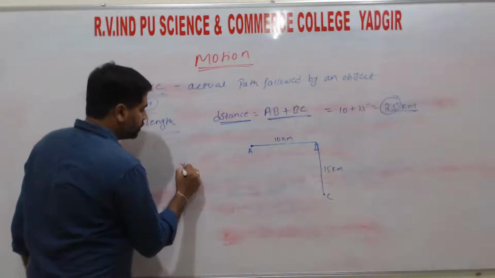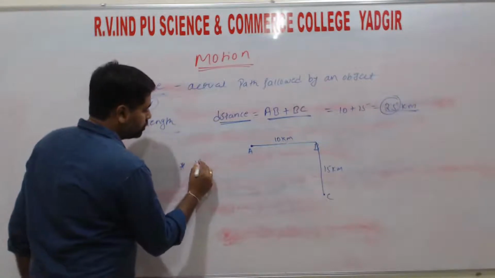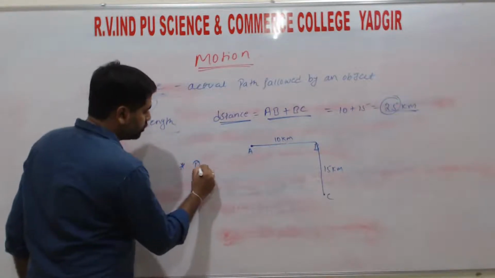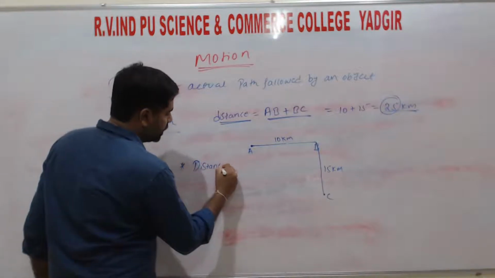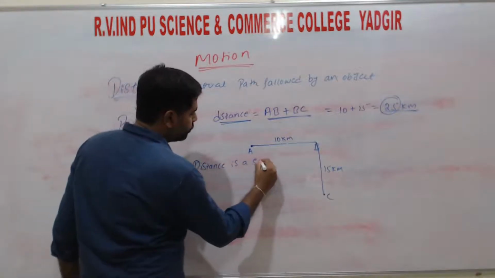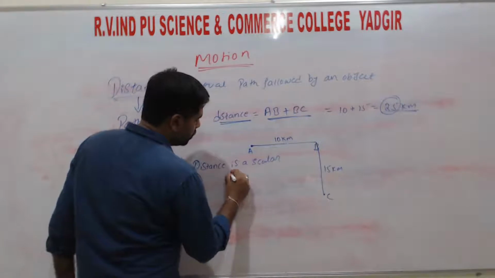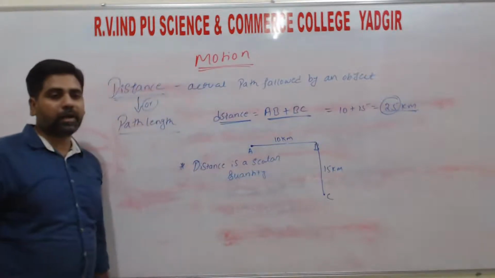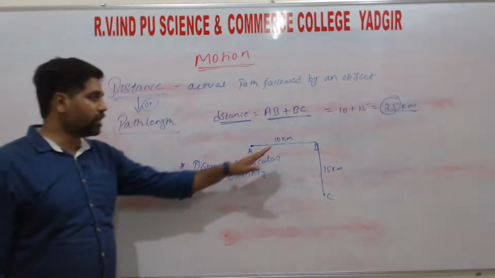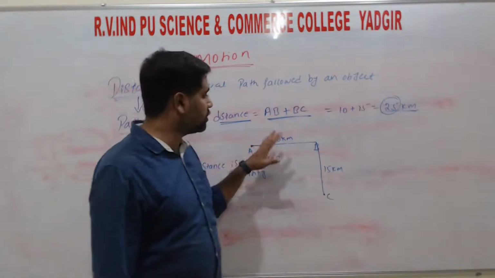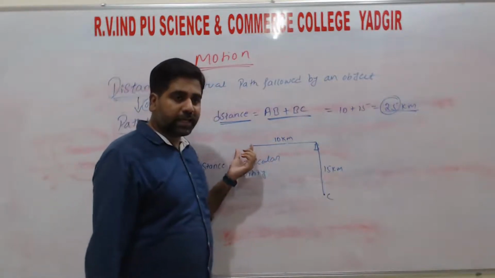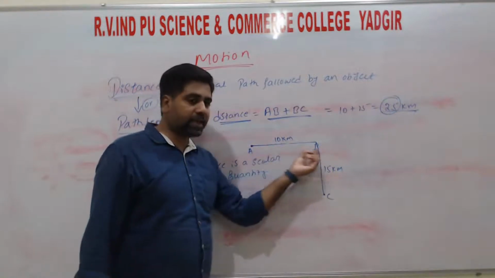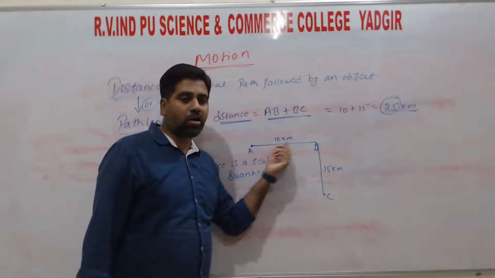So distance is a scalar quantity, right? That is the first point, because if you observe in this example, the object initially travels along the positive x-axis, that is from A to B along the horizontal.